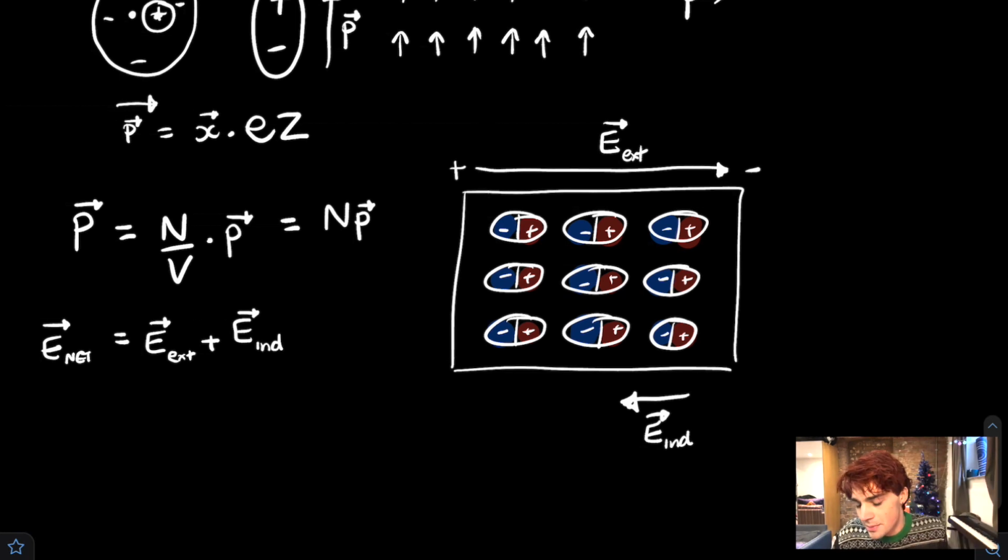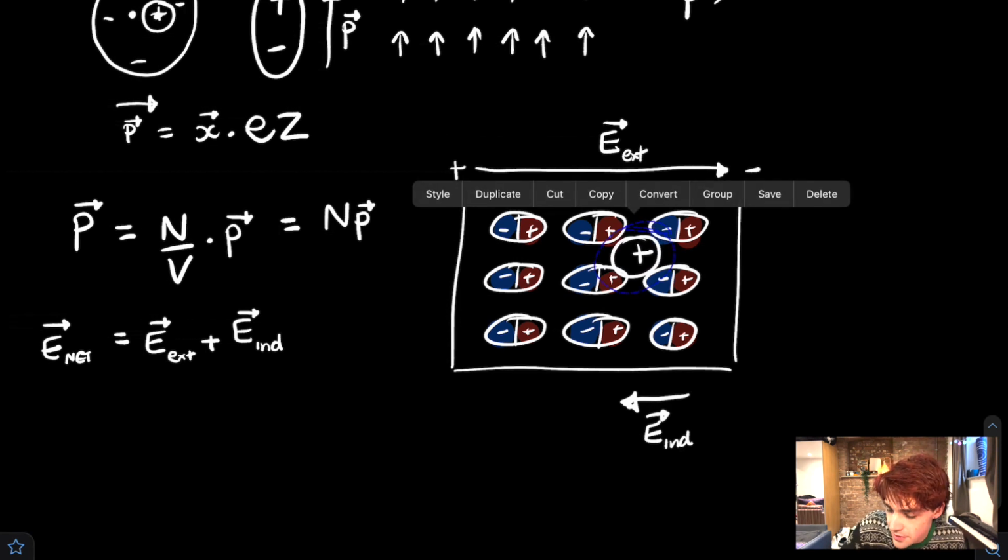So at this point, I'm going to make a key distinction. These charges are within the dielectric. They are part of the material of the very dielectric. So they are separate from any free charge which I could decide to place within the dielectric right here. And this is the thing that will experience the net electric field.